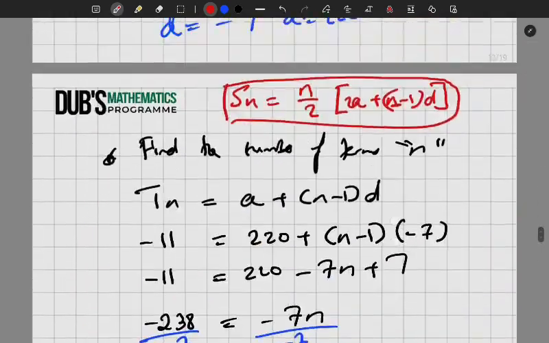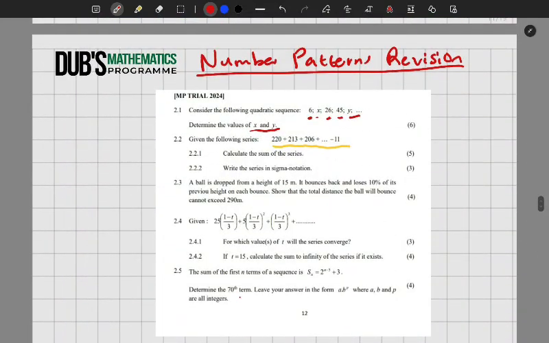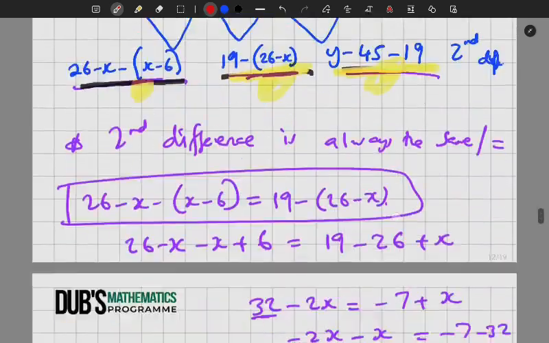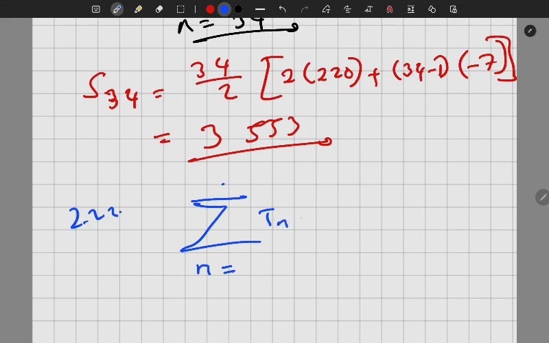And then the next question, they're saying write the series in sigma notation. So we know sigma notation: we write our sigma symbol, then we have where we start, then we have n, and we have Tn here. So what is Tn?